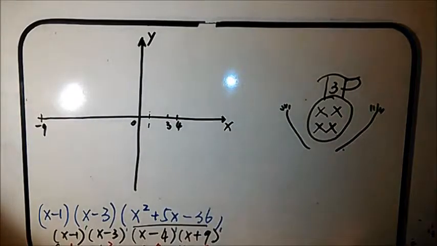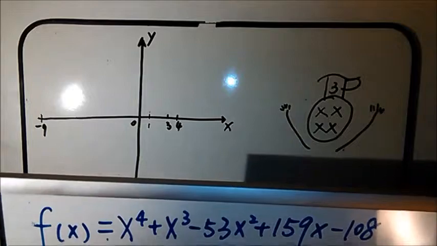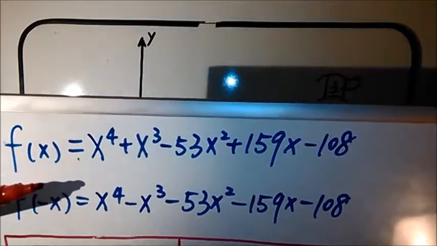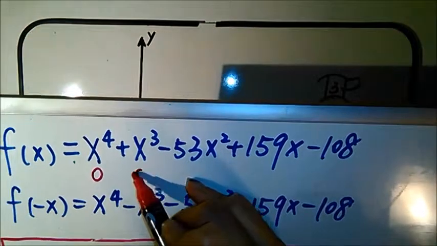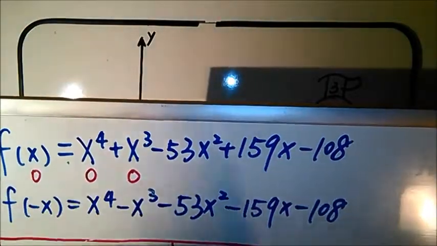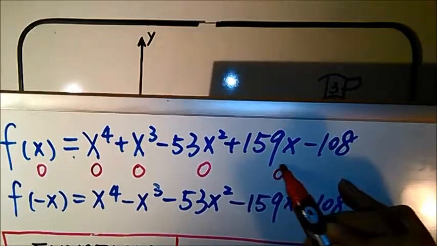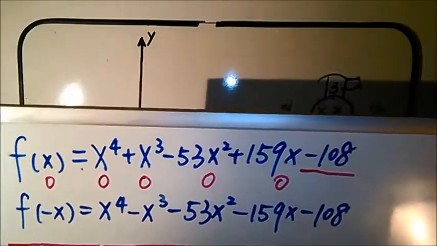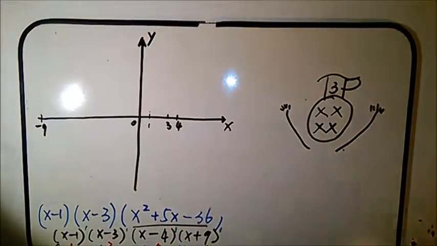If we change all the x's to zeros in this function, we're going to have f of 0 is equal to -108. So our y-intercept is -108.